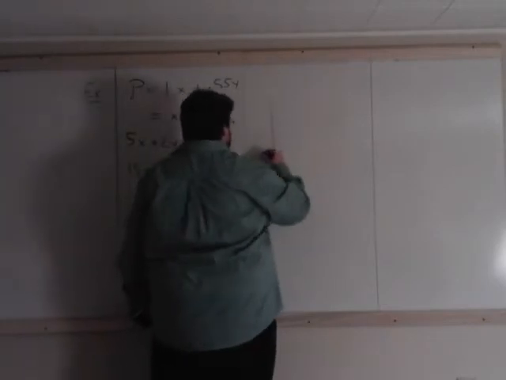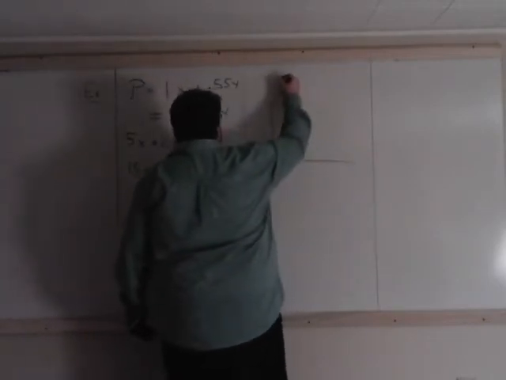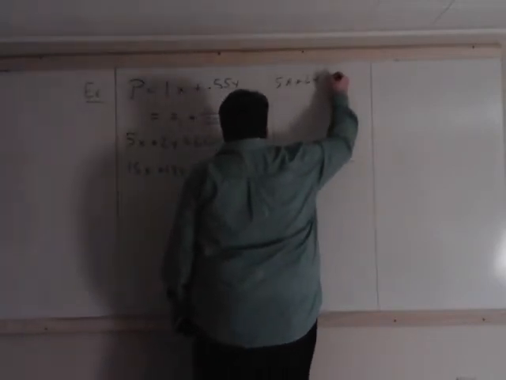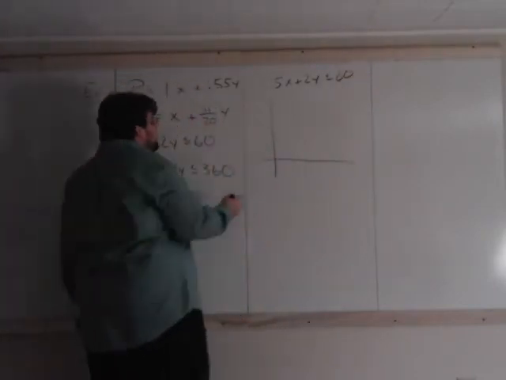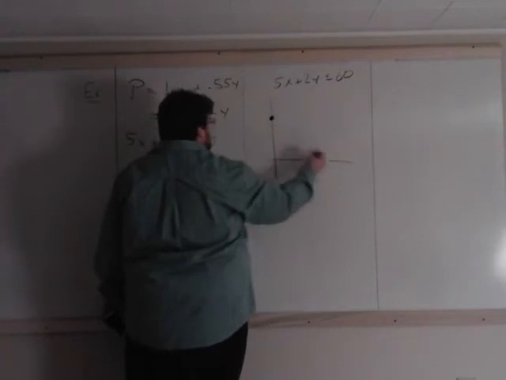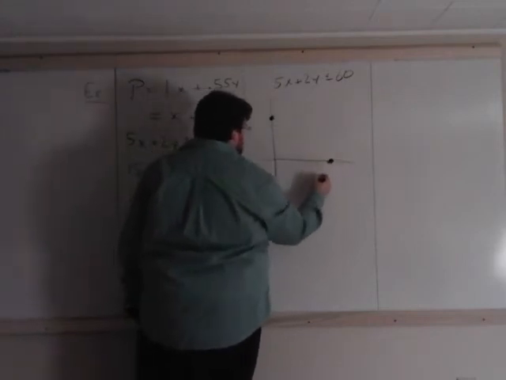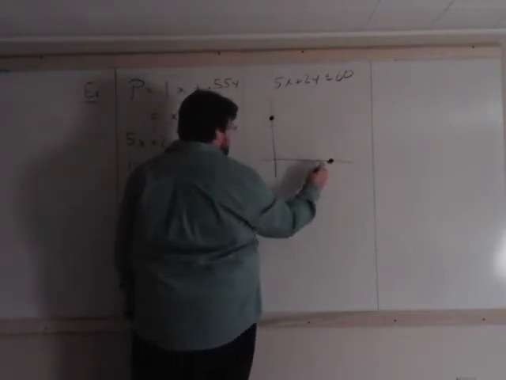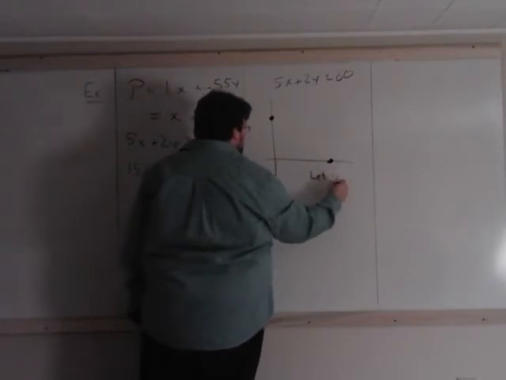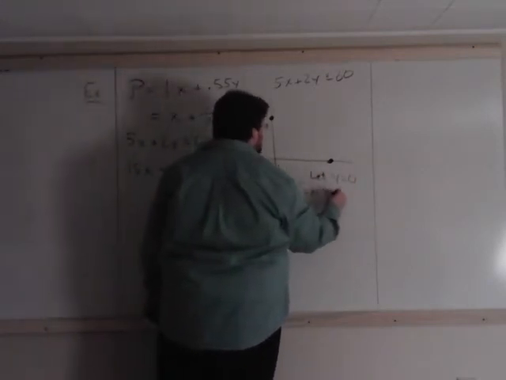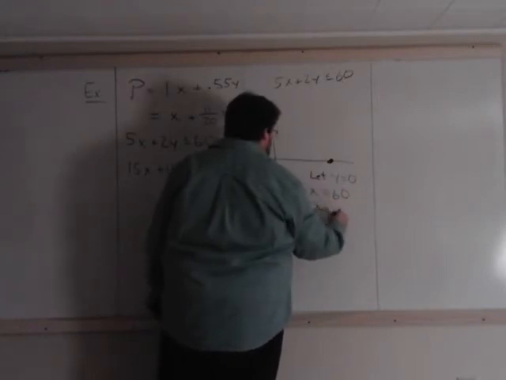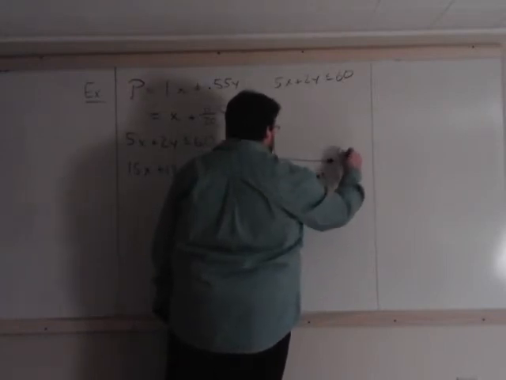So first we'll graph 5x plus 2y is less than or equal to 60. So we'll again do it by using the intercepts. So this one occurs, what is it? It's over x up 0. So y equals 0. 5x would then equal 60. x equals 12. So we have 12, 0.